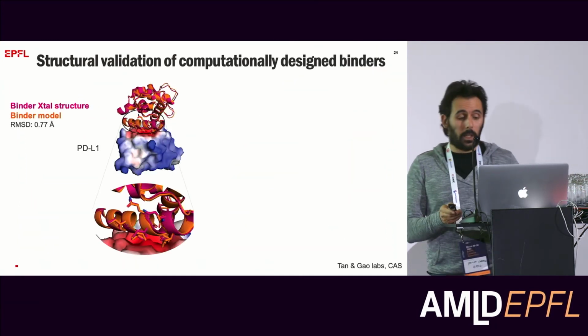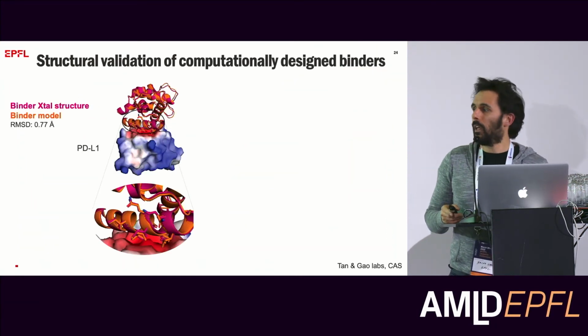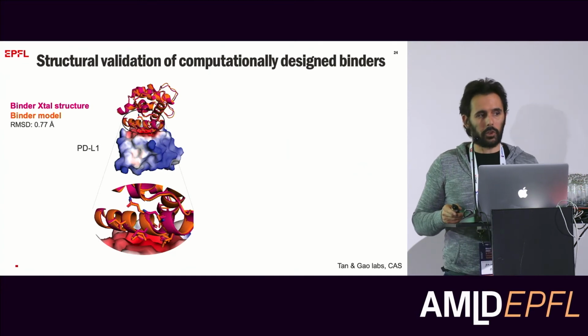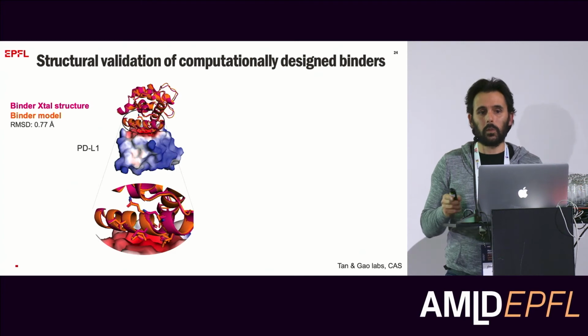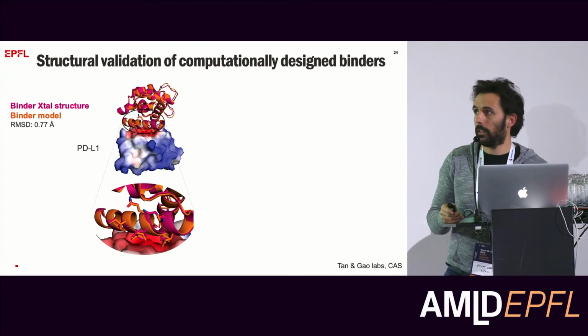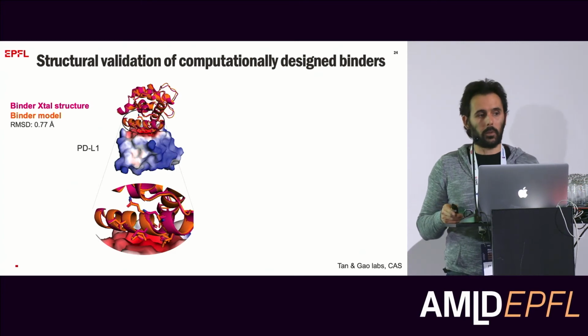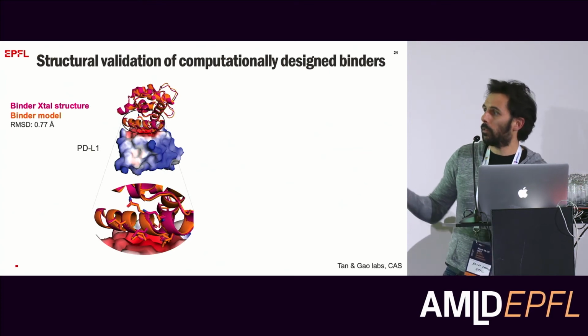But if you are a computational designer, when you submit your papers to journals, the first question you get is, is your prediction right? And there's only one way to show if your prediction is right or not: you have to go and solve a crystal structure, so real data, that you then compare to your model. That's what we did here.